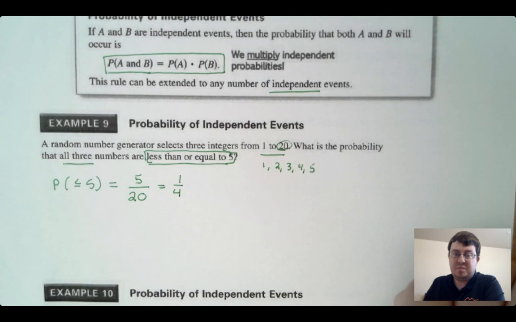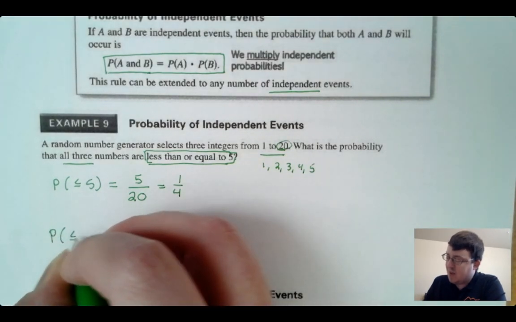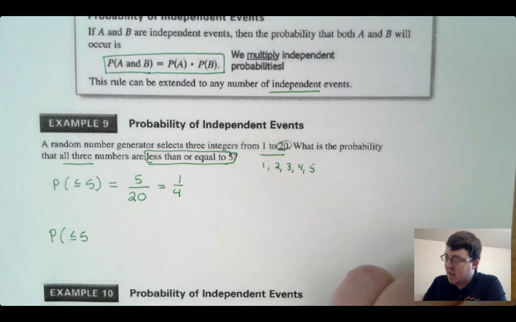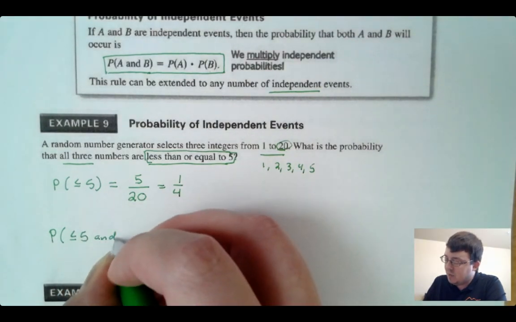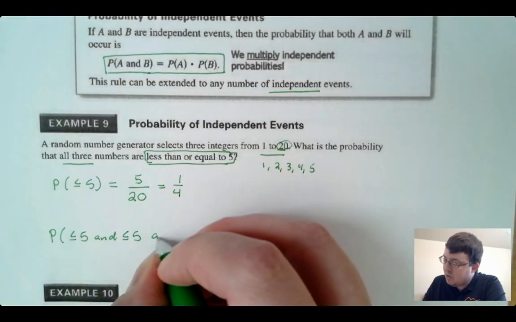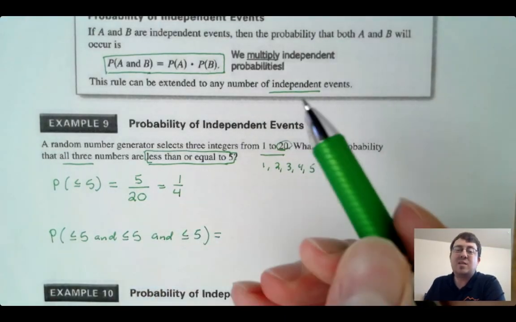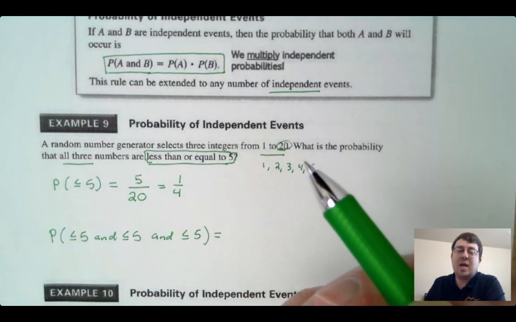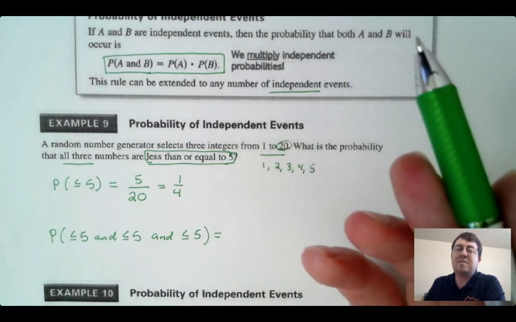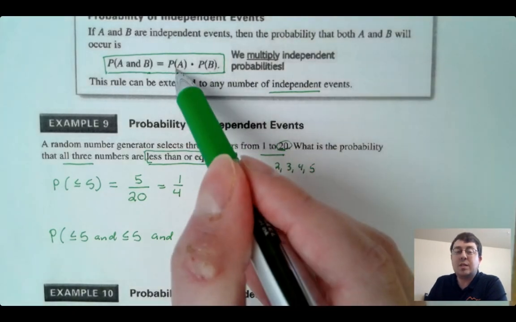So if I want the probability that we have a number that's less than or equal to 5, and a second number that is less than or equal to 5, and a third number that is less than or equal to 5, these are all independent events. Randomly drawing a 2 on the first one doesn't affect the next randomly selected integer, so I'm going to multiply these probabilities together.